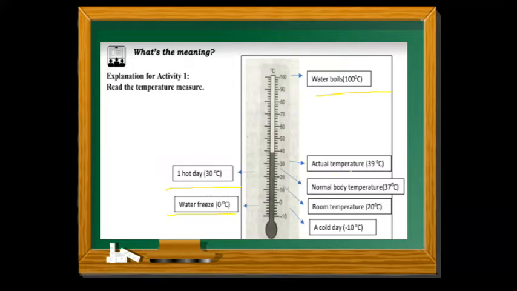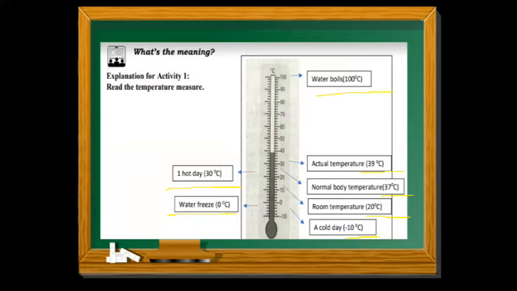The actual temperature is 39 degrees Celsius, and the normal body temperature is 37 degrees Celsius. Room temperature should be 20 degrees Celsius, and a cold day is negative 10 degrees Celsius. Those are the answers to the questions in activity number 1.